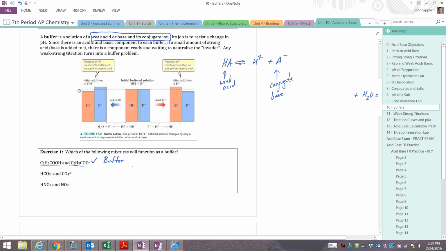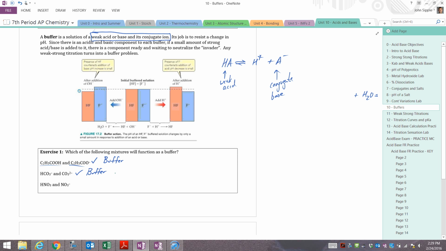What about this one? This is still a weak acid or base, and that's its conjugate. So that works. It's a buffer as well.